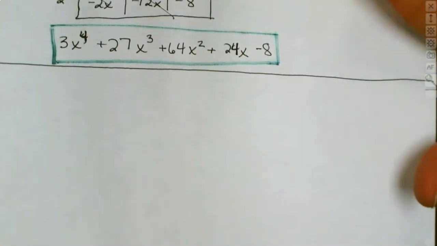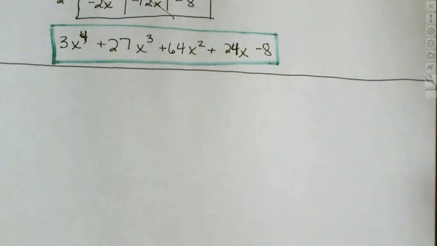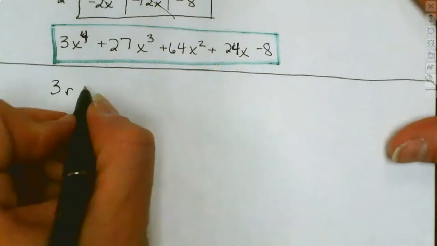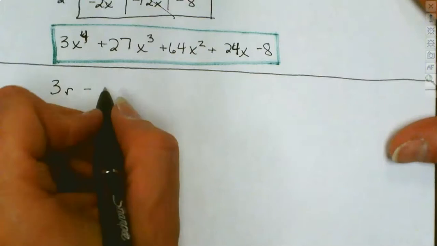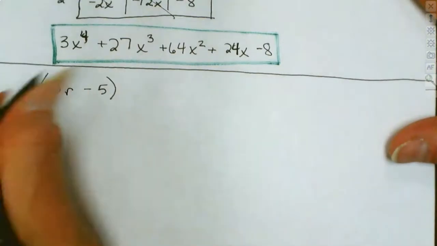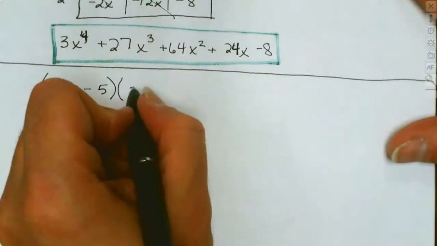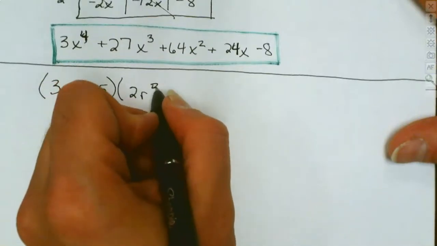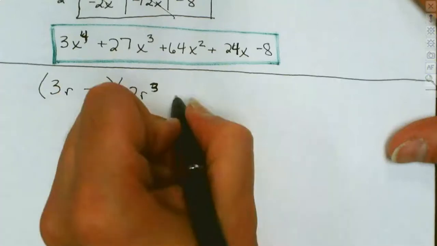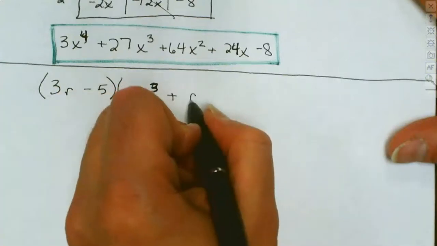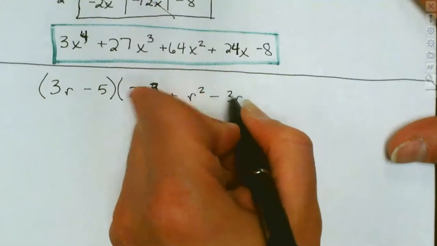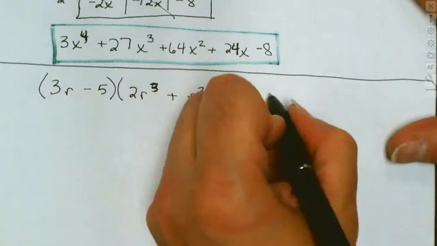So let's try another one. Now this one's a little bit different again. Just the number of terms. So how about 3r minus 5 times 2r cubed plus r squared minus 3r plus 2.